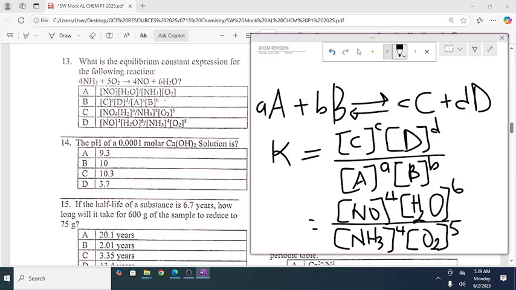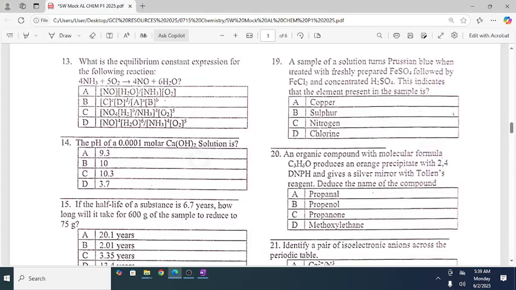If you check very well, you see that option D is the correct option. So number 13 is D.